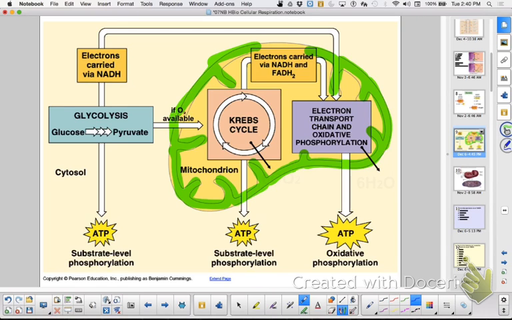Glucose. You were saying NAD and FAD, but NAD and FAD got them from glucose. So these hydrogen ions ultimately came from glucose.